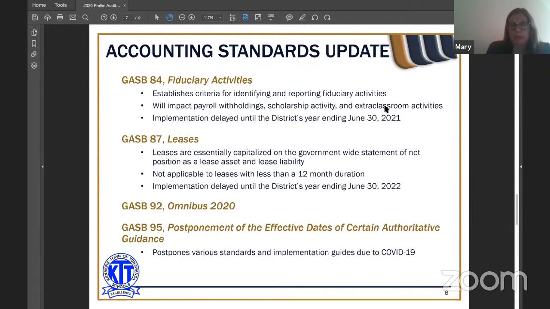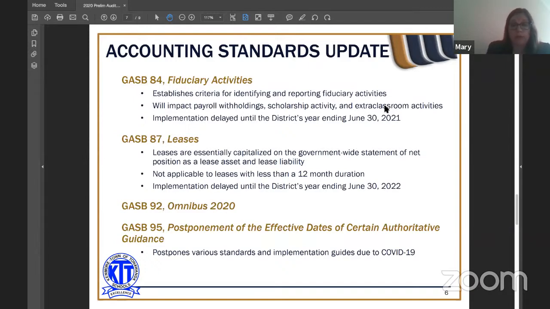We will be having discussions with management about that. We've taken a look at a lot of the extra classroom policies for our school districts. We audit about 30 school districts, and we've taken a look at the extra classroom policies for those districts and just determined if the principal or someone else in the district is the one making decisions, or is it really based on the faculty advisor and the students?